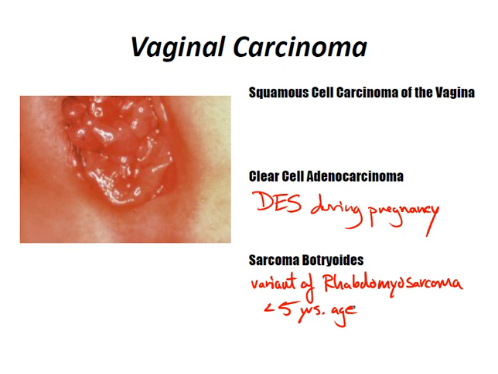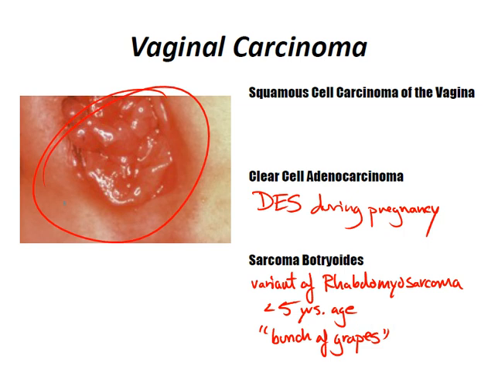It presents as multiple polypoid masses resembling a bunch of grapes, which you can kind of see in this picture right here, projecting into the vagina. It's often protruding from the vulva and yellowish in color. Histologically, it shows spindle-shaped tumor cells that are desmin positive.